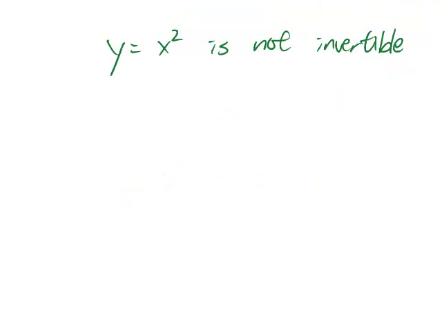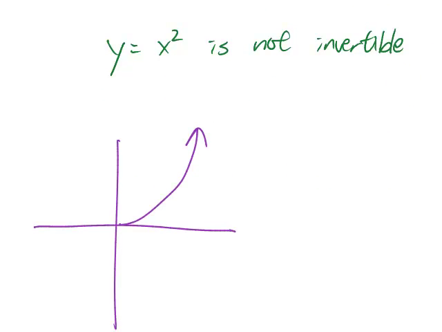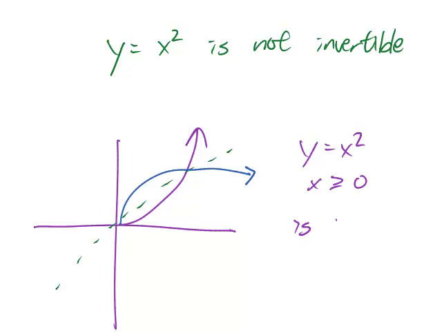But here's the fun part. If we just look at the positive half of the parabola and we invert it by reflecting it, we get a function. So y equals x squared with x greater than or equal to 0 is invertible.